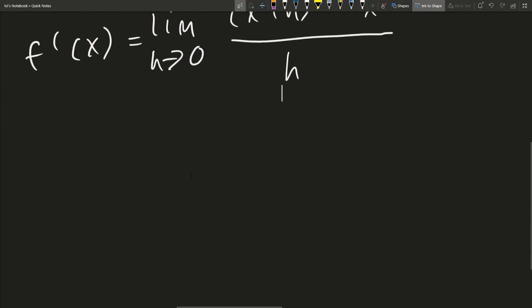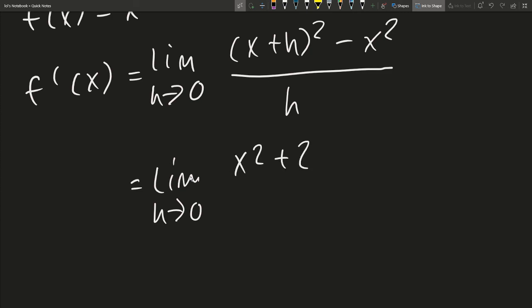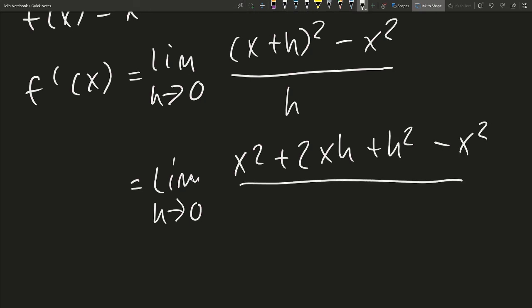Okay, scroll down. We just need to simplify this now. So let's expand this. As you can see, we have an x squared and a minus x squared, so we can get rid of those.